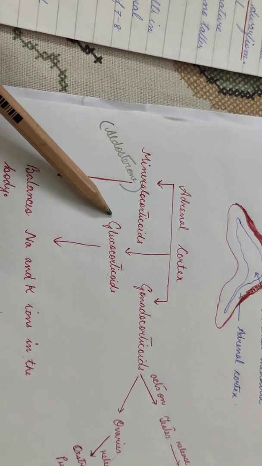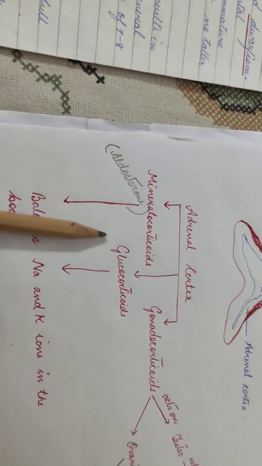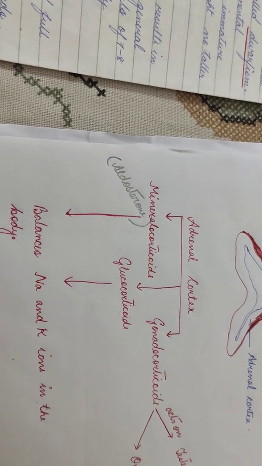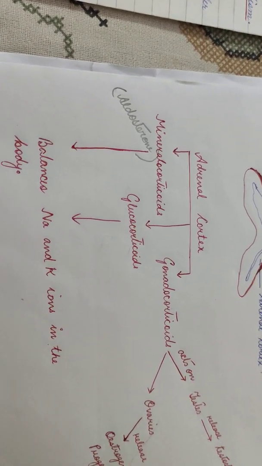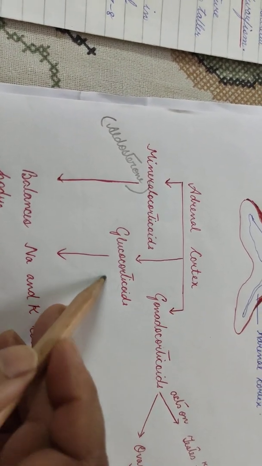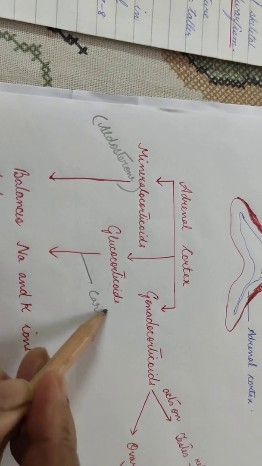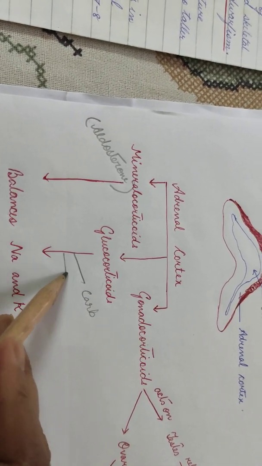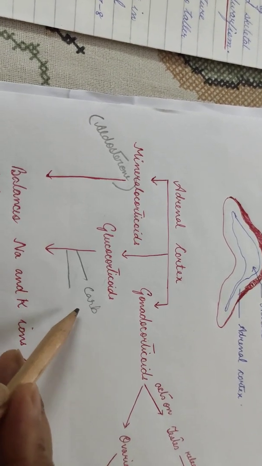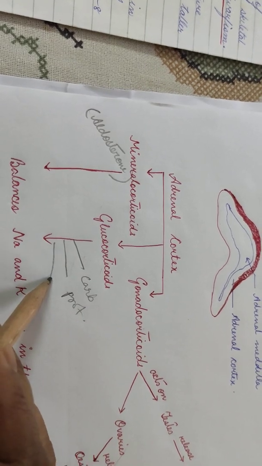Next hormone is glucocorticoids. Glucocorticoids are secreted by the cells of zona fasciculata. They regulate the metabolism of carbohydrates, proteins, and lipids.